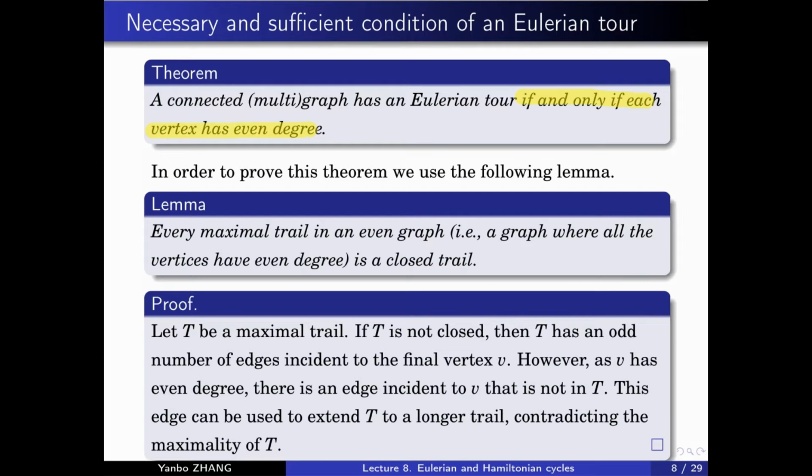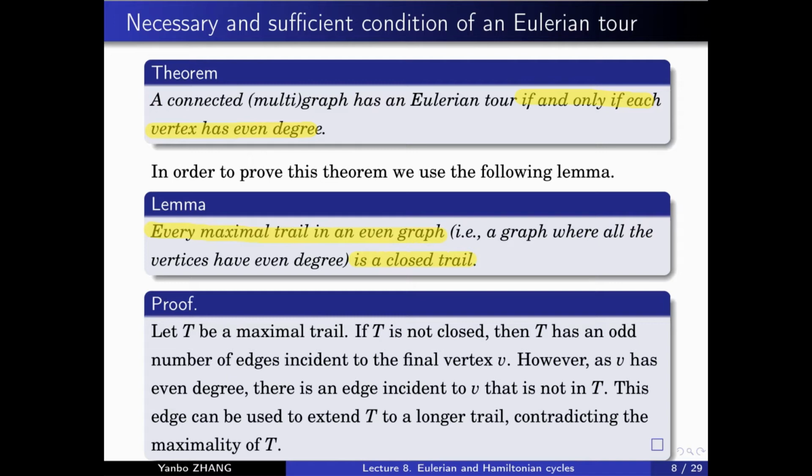In order to prove this theorem, we use the following lemma. This lemma says every maximal trio in an even graph is a closed trio. An even graph is a graph where all the vertices have even degree.